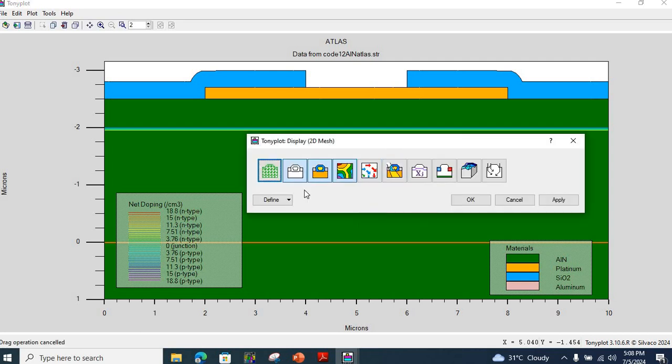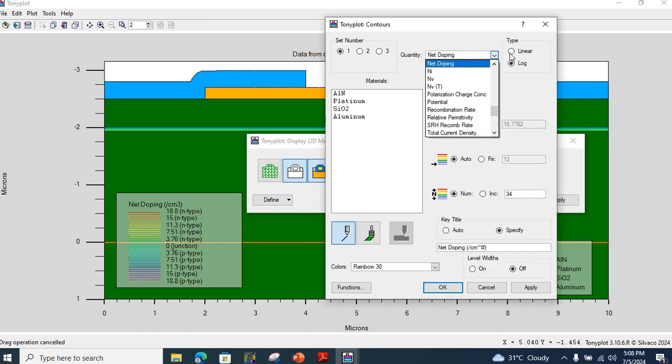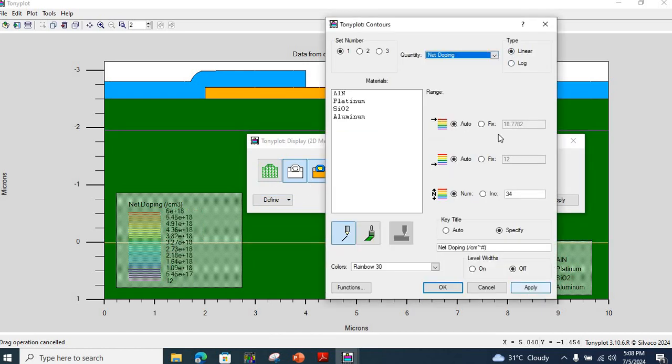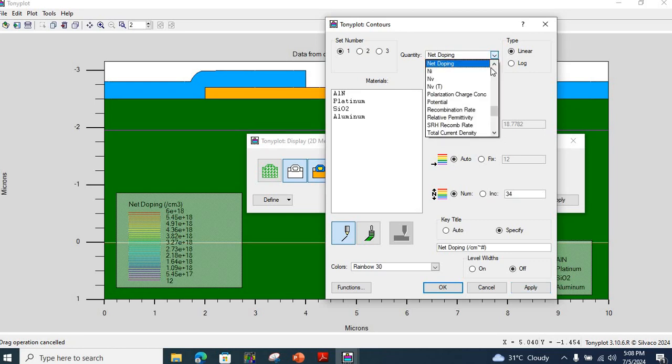For example, net doping, as you already saw. So we go to display, hit define, go to contours, linear, then did I choose something else as well?